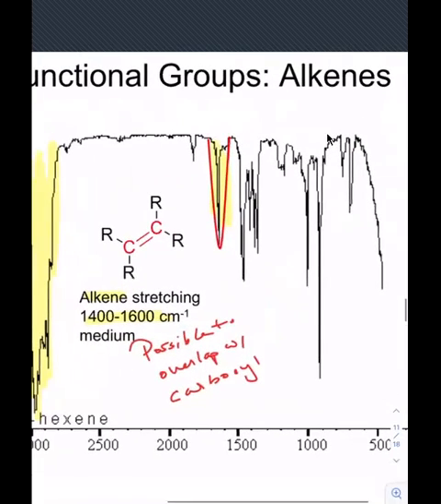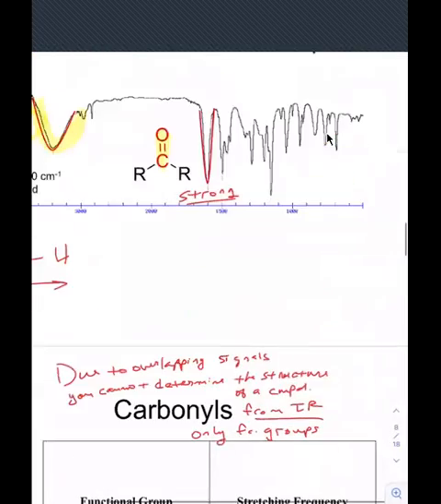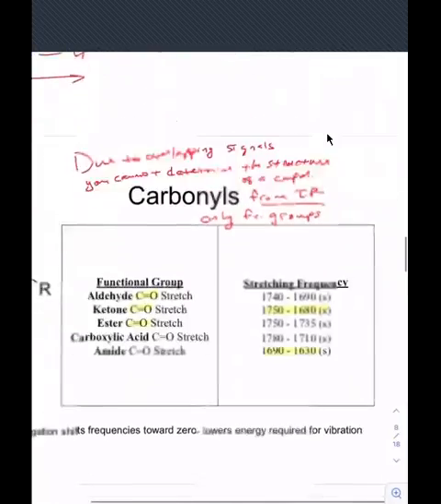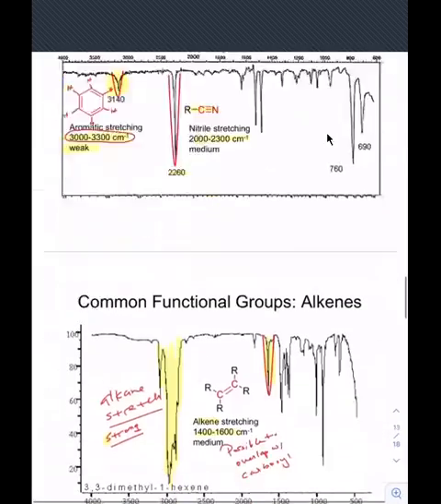So you see the alkene is 1400 to 1600. And then the carbonyl is anywhere between 1630 and 1780. Right. So the carbonyl takes a little bit more energy in order to match that stretch than the alkene.